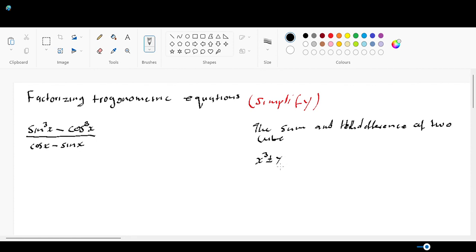In fact, that is a formula, and then we expand it. When you expand it, it's going to be x plus or minus y, and then you expand this side: x squared, plus or minus depending on the other side, xy, and then plus y squared. So this is a formula for the sum and the difference of two cubes.